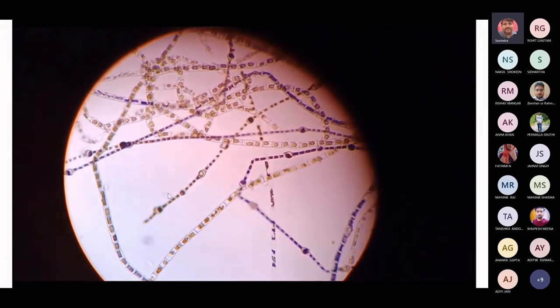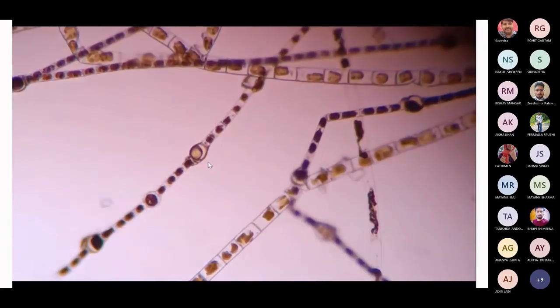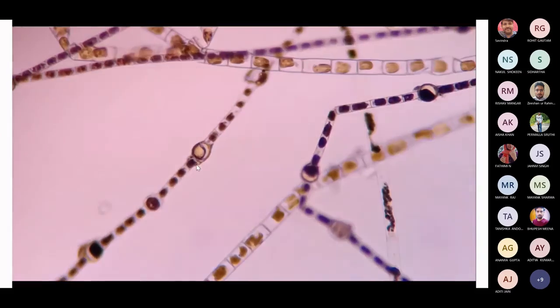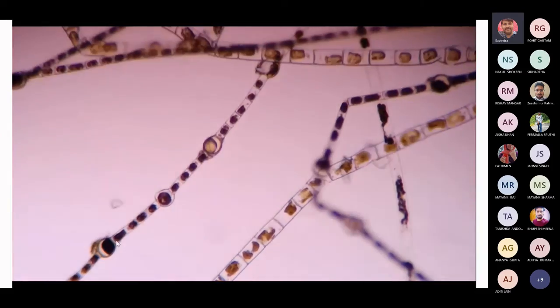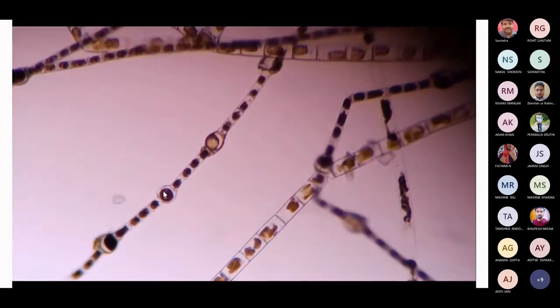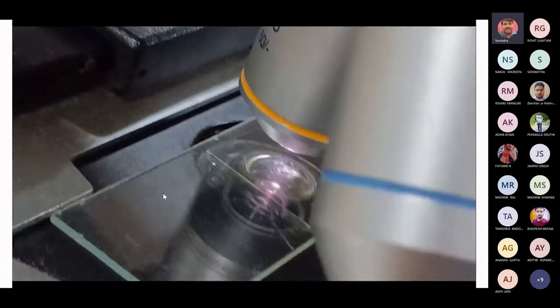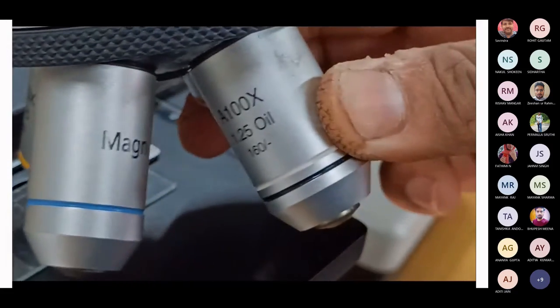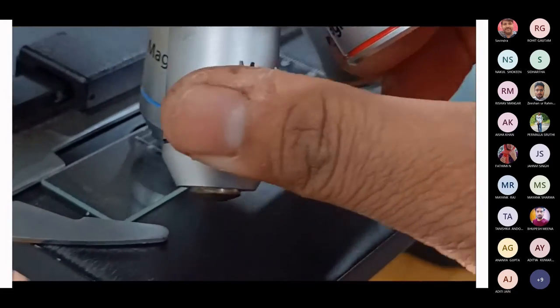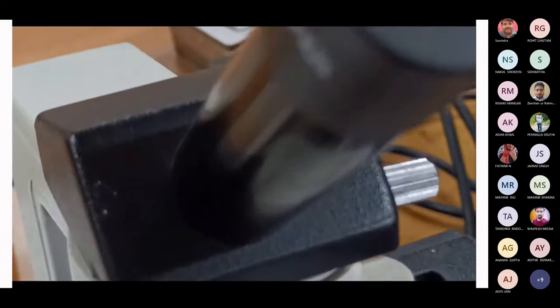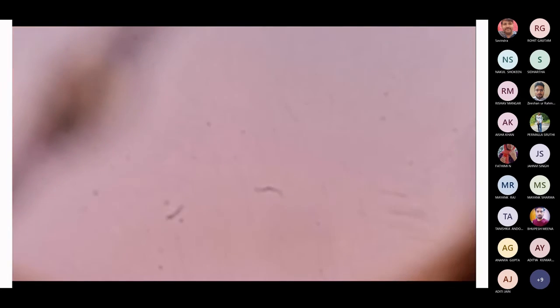So here you can see there are a series of oogonia. Can you see all these structures? I will show in some high power. It will take some time in focusing.